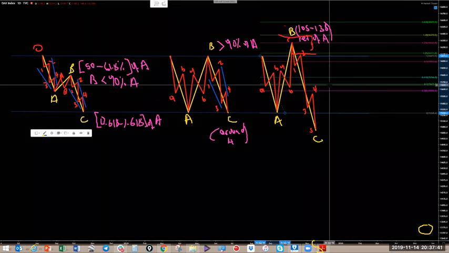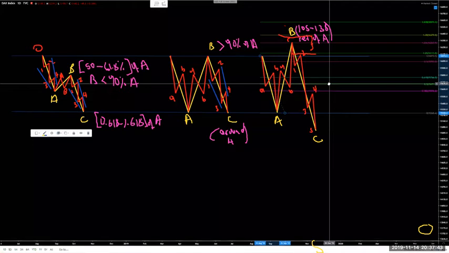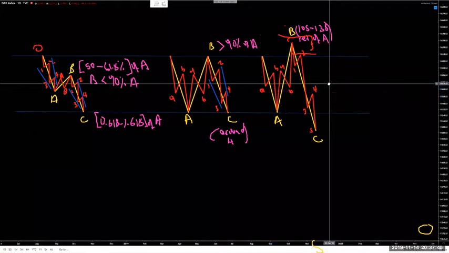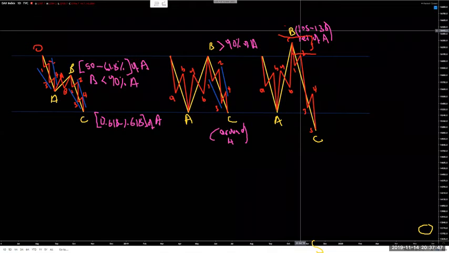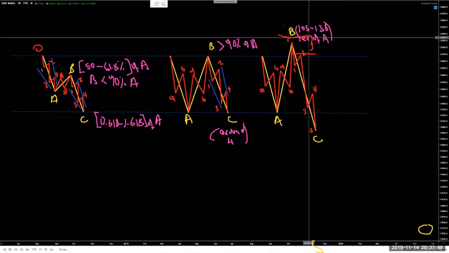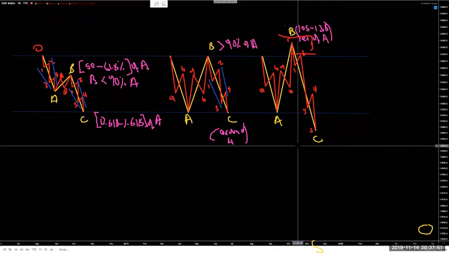Okay, let's remove those levels. You saw how we got those. Your B, you'll find it anywhere between 105 and 138 retracement of A. Now, what about C?